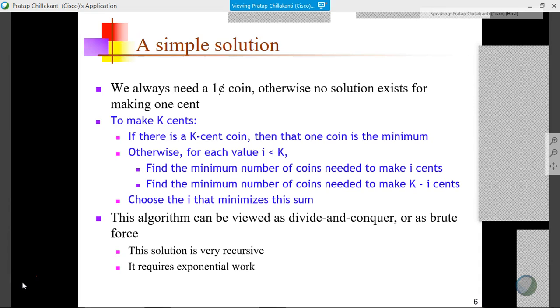When it comes time to implementation, we convert that recursion into iteration. So if this is the divide and conquer approach, then it shows that it cannot work for solving the 63-cent problem.